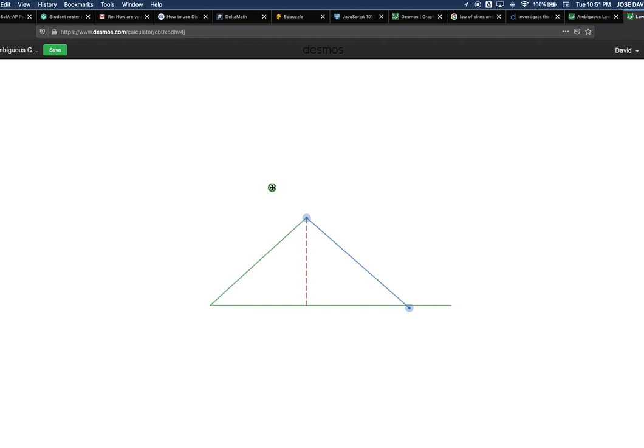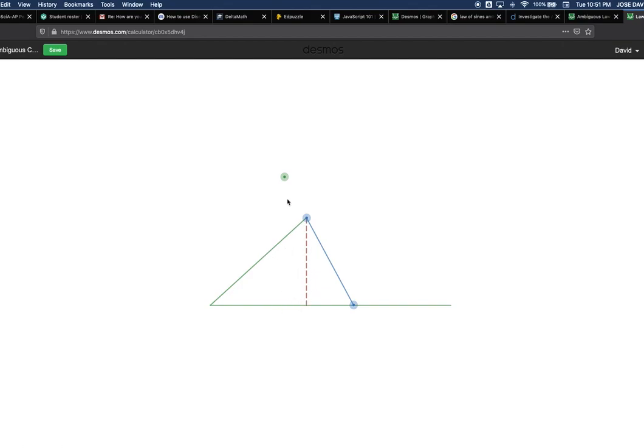Now, on the fourth case, the way that you end up with two triangles is whenever your side is smaller than B, but it's larger than your height, correct? But it's smaller than B. Then you have two triangles. We have this smaller triangle here, or you can have it on this side and you have your other triangle.